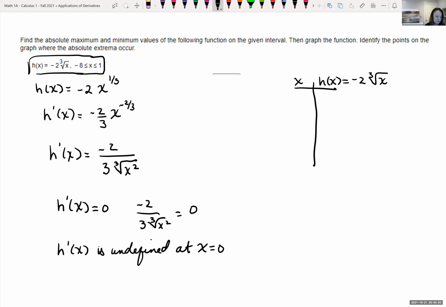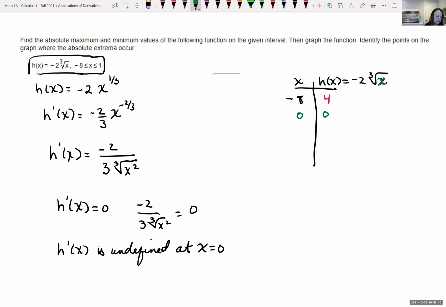And because it's a closed interval, this function is a continuous function. By the extreme value theorem, it has to have an absolute max and an absolute min. So if we plug in -8, wherever we see an x, we get the cubed root of -8, which is -2, times that -2 out front is 4. We have our critical number of 0. If we plug in 0 wherever we see an x, -2 times the cubed root of 0 is 0.